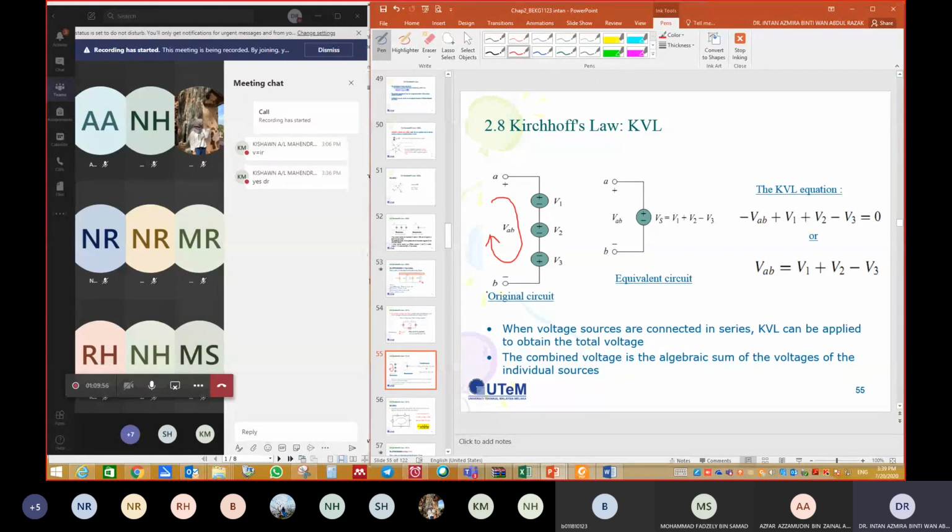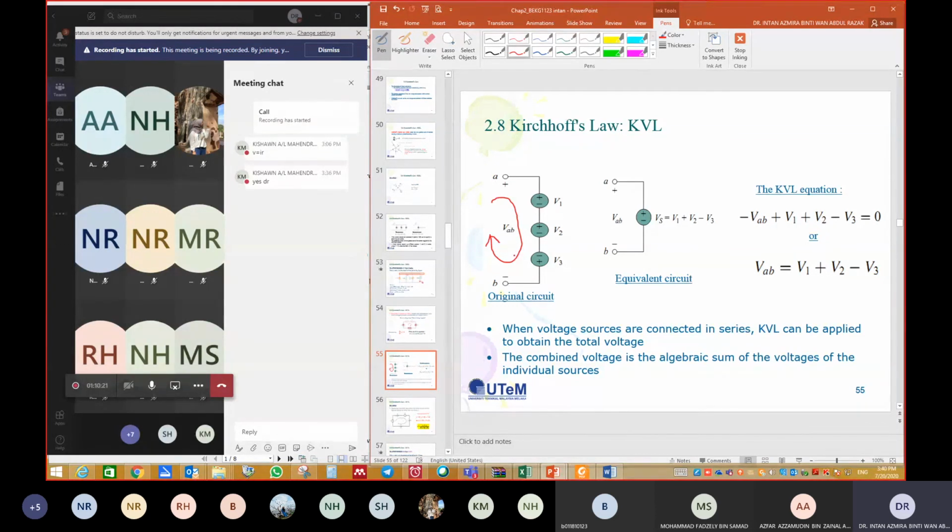Negative, this is the first sign, negative VAB, right? And then goes here, we use the first sign, so plus V1, and then plus V2 and then minus V3 equals 0. So VAB is equal to V1 plus V2 minus V3.